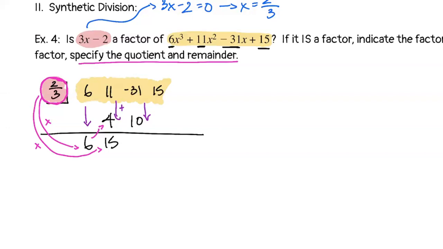Now, I want to make a point about this because when we do regular division, long division, we subtract. But in synthetic division, we add, okay? So -31 plus 10 will give me -21. What do I do with that -21?